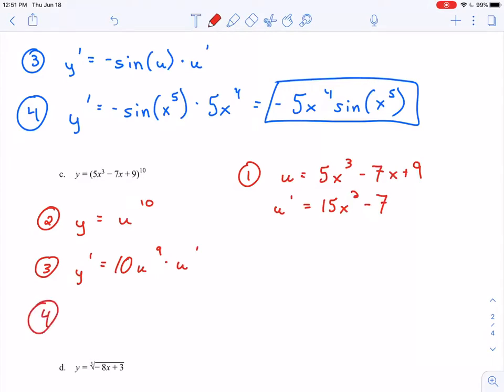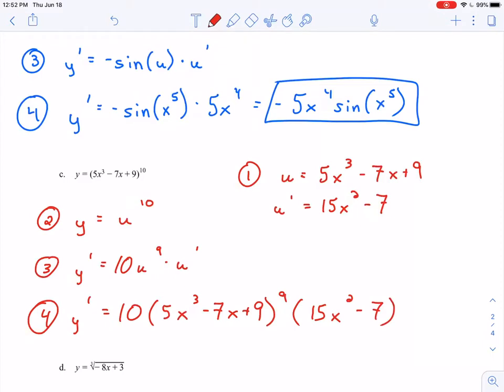So the fourth step then, y prime, let's rewrite this. 10 times u to the 9th, so times 5x cubed minus 7x plus 9 all to the 9th power, times u prime, that's 15x squared minus 7.